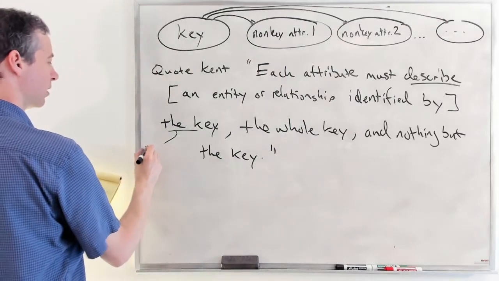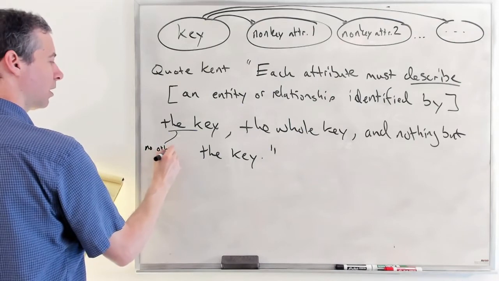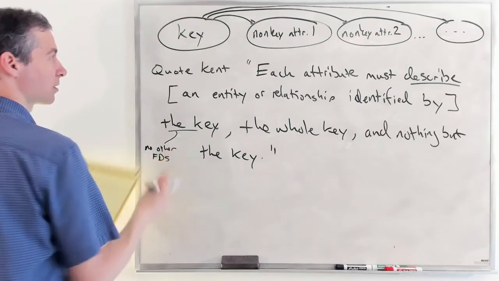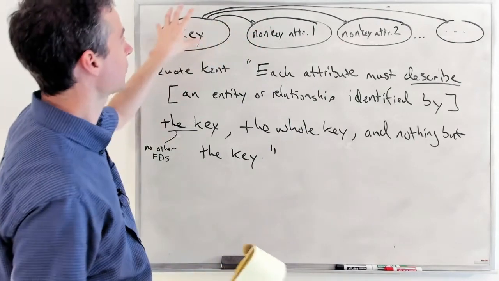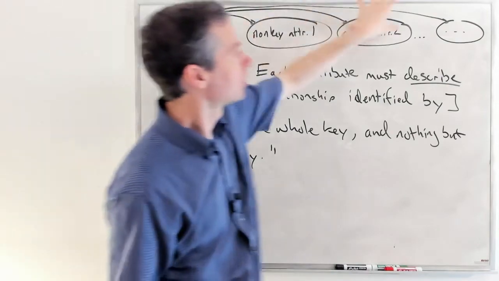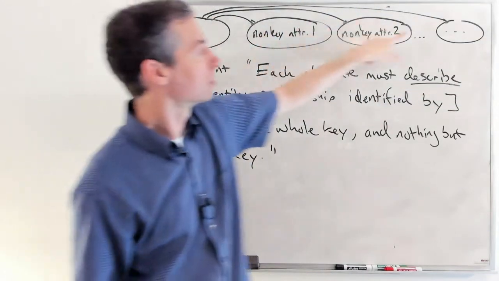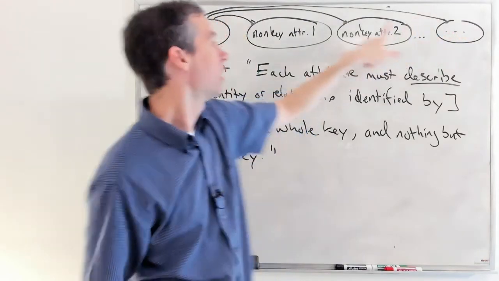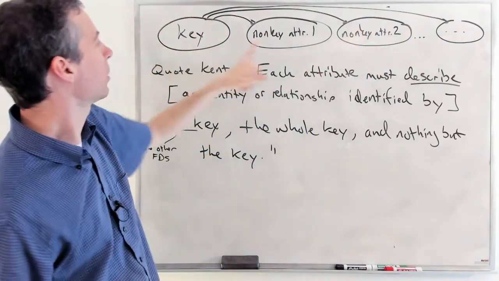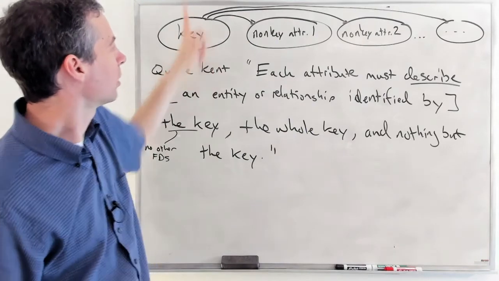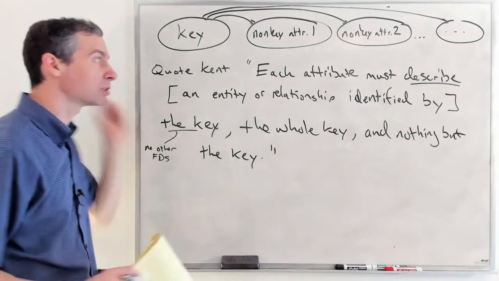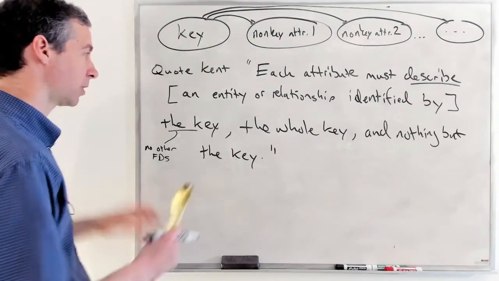So basically, there are no other functional dependencies. The only functional dependencies we have go from the key to our attributes. Our attributes don't have any dependencies between them, and our attributes don't have some sort of partial notion of dependency back to some part of the key.